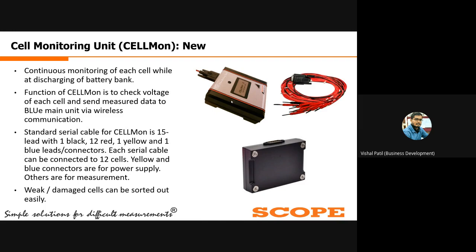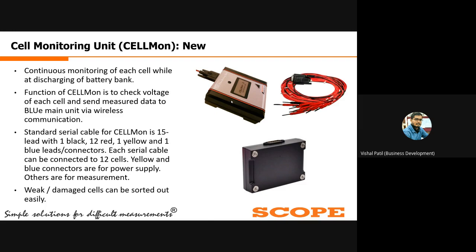What is the importance of replacing these weak cells? Generally, weak cells will create load on the adjacent cells in the string, and if you continue the operation of this battery bank with these weak cells, what will happen? These weak cells will damage the adjacent cells, and you will need to replace the entire string.